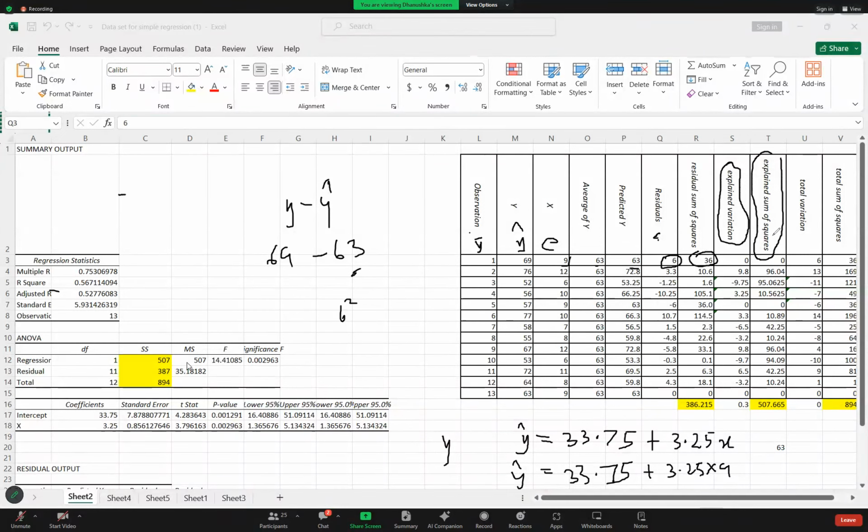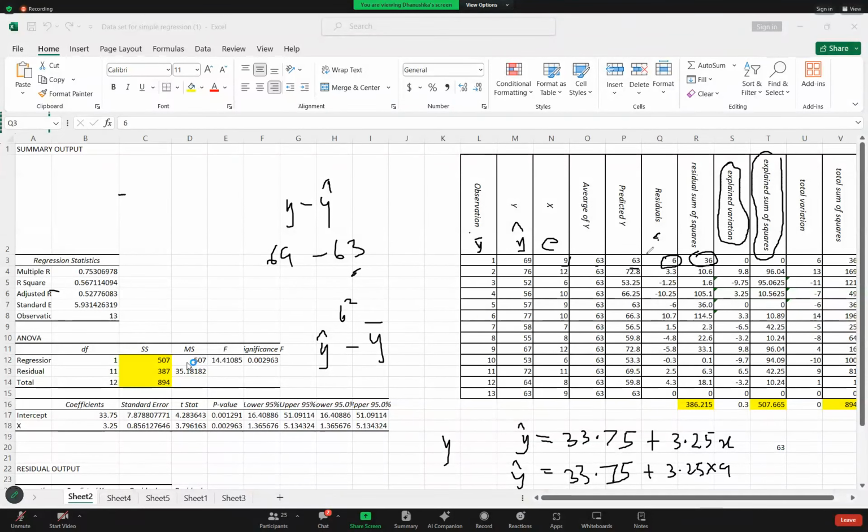Now the explained sum of square. Then the explained variation is 0. How to get the explained variation? Explained variation means y hat minus y bar. What is the y hat here?